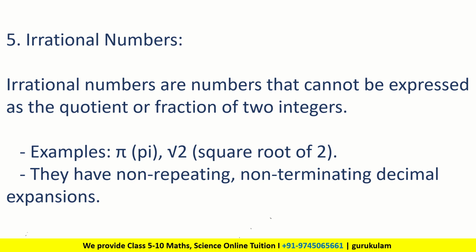Examples are pi, then square root values, and also decimal values which are non-terminating and non-repeating. Non-repeating, non-terminating decimals come under the category of irrational numbers.